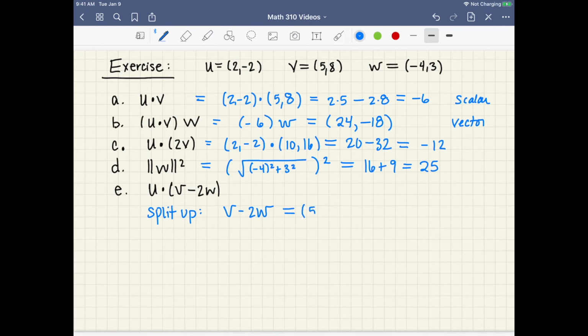And it's going to be the vector v, which is (5, 8), minus 2 times the vector (-4, 3). So following this linear combination, we should get (5, 8) and then (8, -6). We add those vectors together, and we get (13, 2).